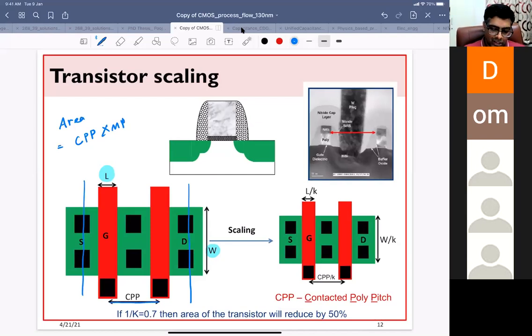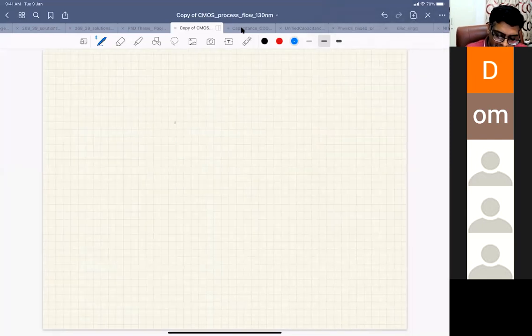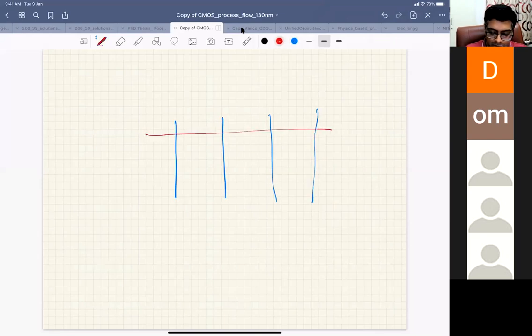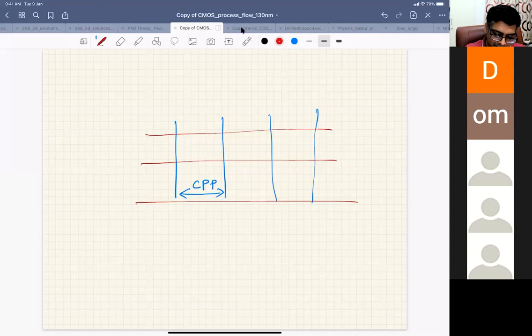Your gate is drawn like this, and your metal one is drawn like this. This is your gate pitch, your contacted poly pitch, and this is your metal pitch. The area of the transistor is basically poly pitch into metal pitch, because this might be the area of one transistor.